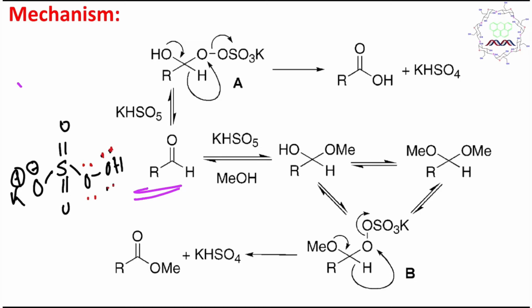And which oxygen will attack? Obviously this one will attack. Why? Because the other one is inside, so more crowded. Second, the lone pair is in conjugation with the sulfur-oxygen double bond. So this oxygen will attack here. It's the better nucleophile, and the aldehyde will be attacked and it will open. So in this way, after proton exchange, it will produce this hydroxyl, and this.